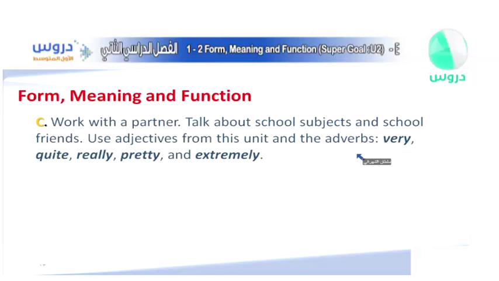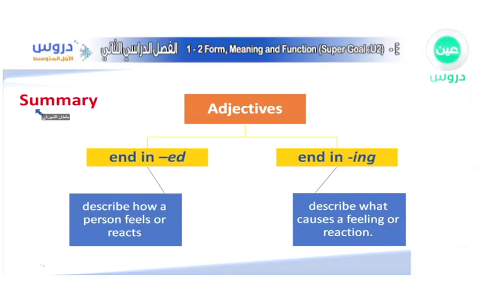After we finish this lesson, I want you to go to your friend, your partner, your brother, your sister, and talk with him to make sentences and use very, quite, really, pretty, and extremely. Okay? Can you do it? Excellent. That's right. Beautiful. So this is the end.